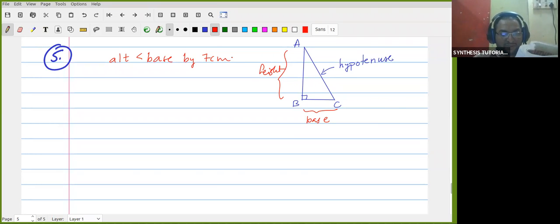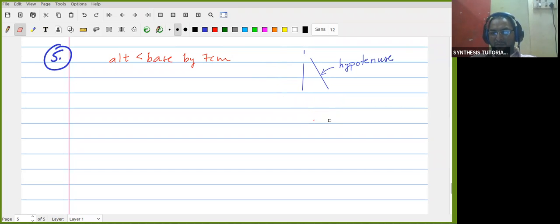If the hypotenuse is 13 centimeter, find the other two sides. First of all, let me correct my diagram as per the information given to us, because here the altitude is small compared to base. All of you agree? So the diagram will be something like this.